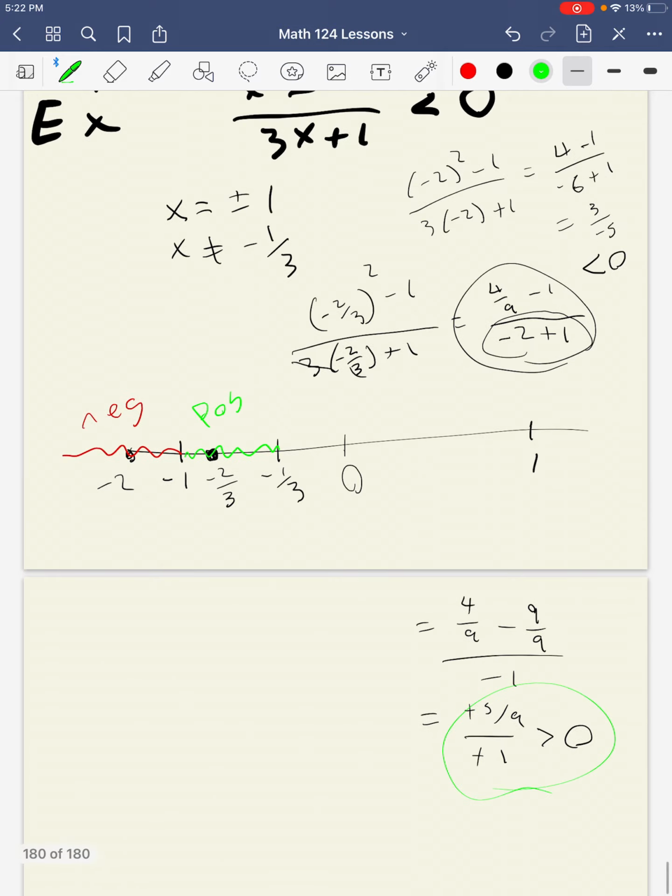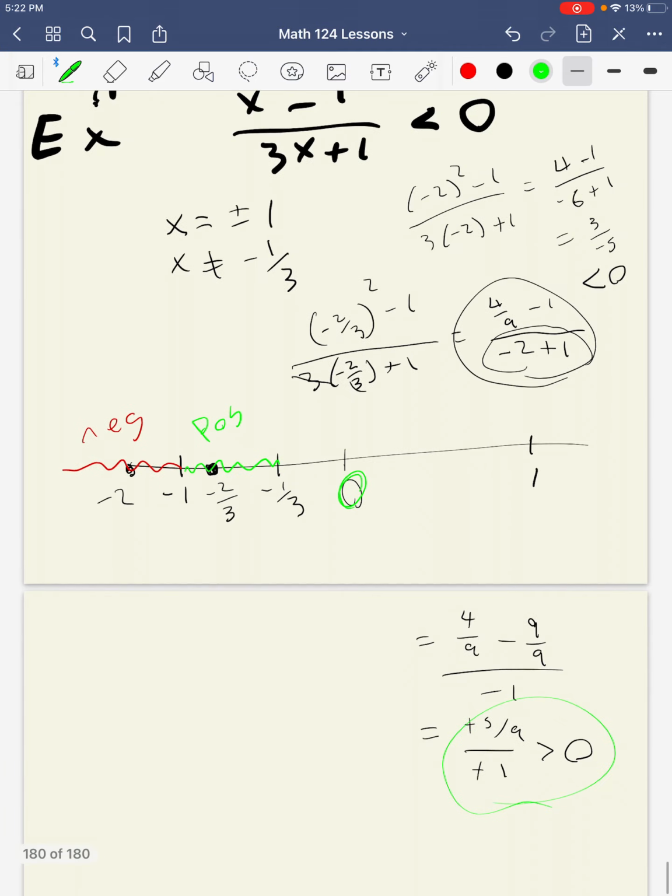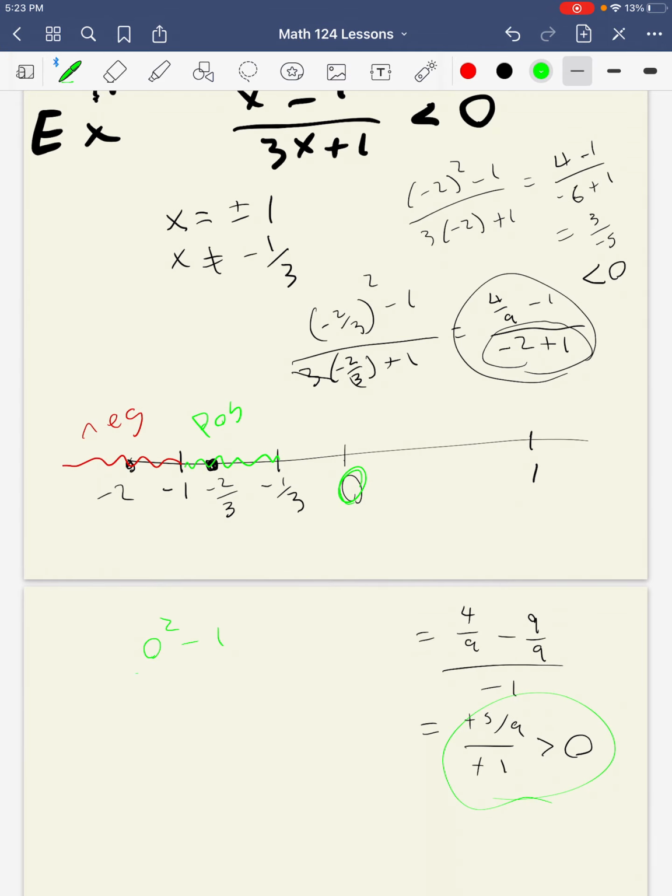Okay, let's see, what were the points here? 1/3. So we could test the number 0. It's an easy one. If we test 0, we do 0 squared minus 1 over 3 times 0 plus 1. So you get negative 1 over 1, which is negative.